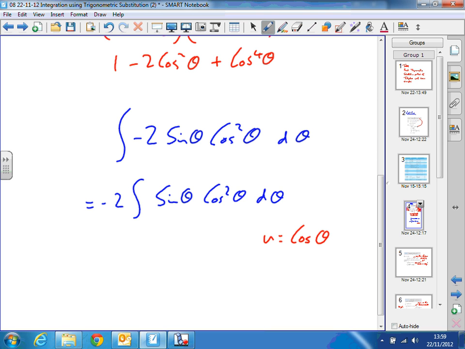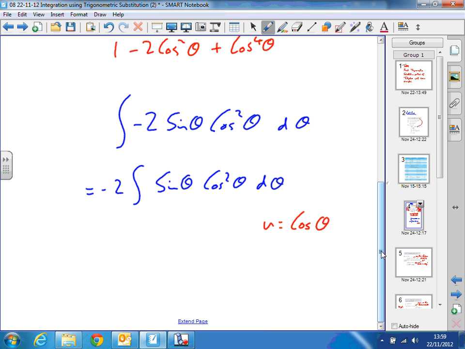So then we can write this equals minus 2 integral of sine theta times u squared d theta, because u is cos theta.